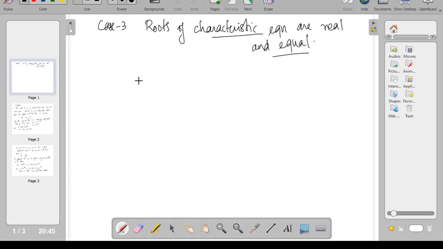So if you have the roots lambda 1 and lambda 2, say both are equal to lambda, and you take x equal to a e raised to lambda t and y equal to b e raised to lambda t, this is going to be a solution. You need to find a second linearly independent solution.